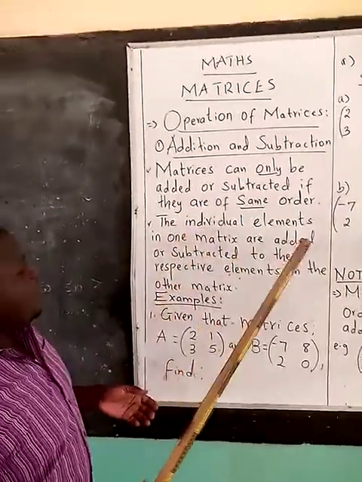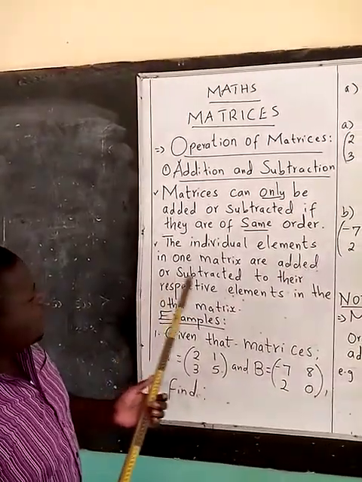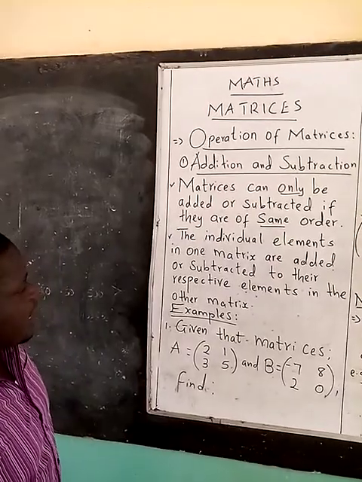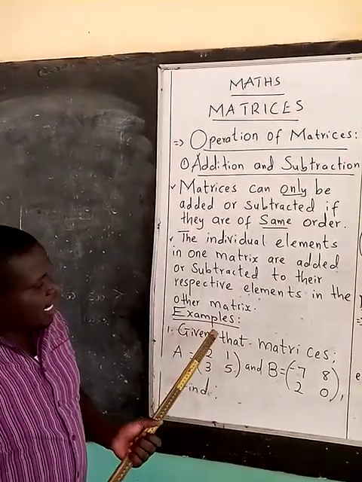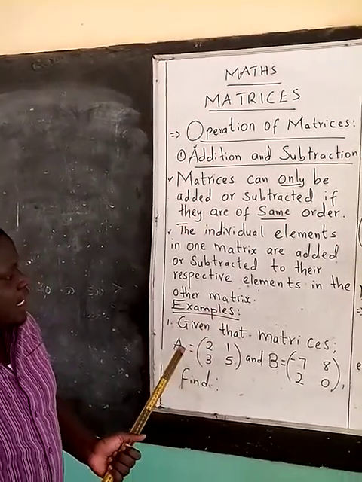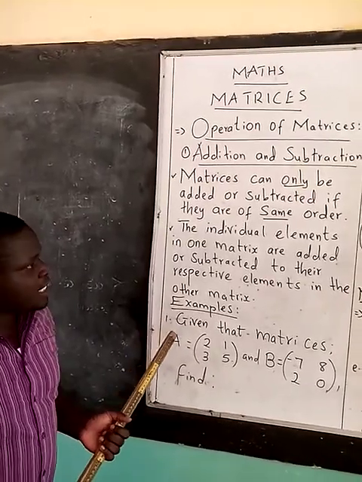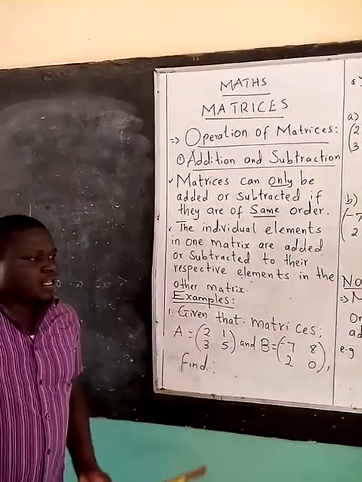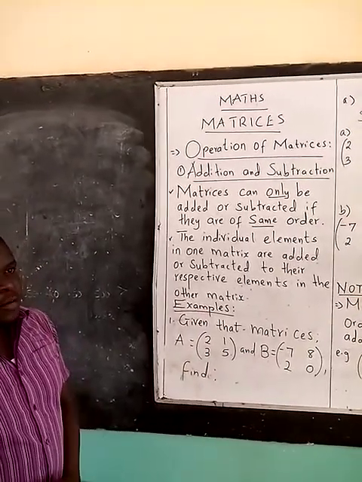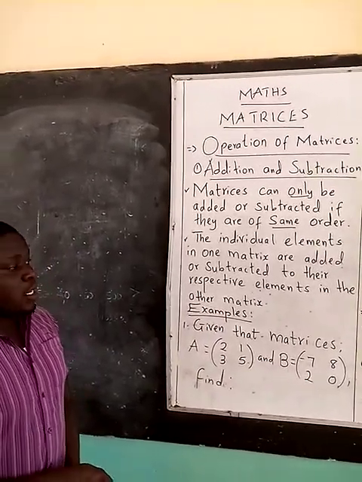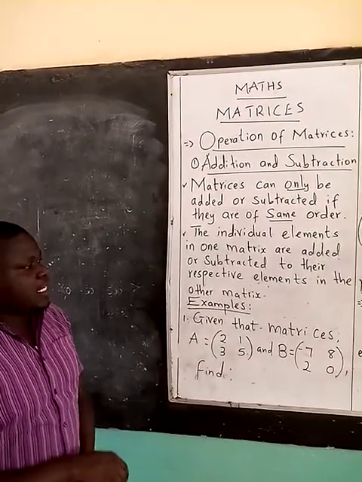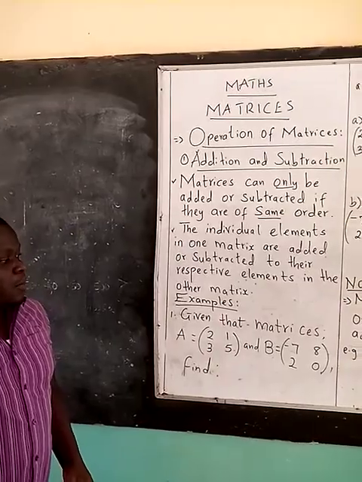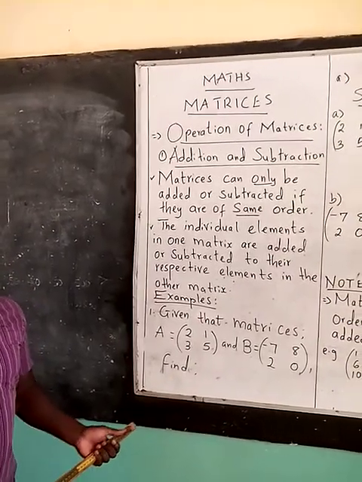The individual elements in one matrix are added or subtracted to their respective elements in the other matrix, which means that if we have an element in the first column, first row in one matrix, then the element in the other matrix in the first column, first row must be added to this element or subtracted.